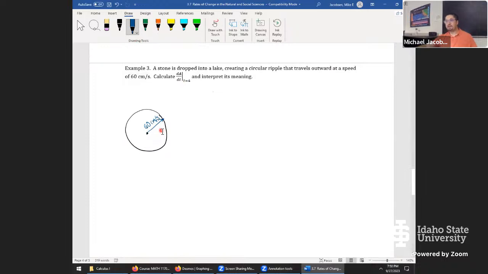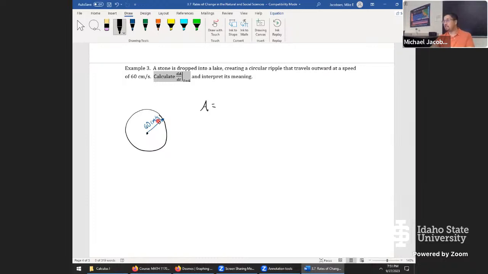So we have something down here. Next portion of the problem says, calculate dA/dt. That's kind of a rude problem because they never even told us what A was. But A ought to be the area of this entire wave that's propagating from the dropped stone. I think that's what makes the most sense.